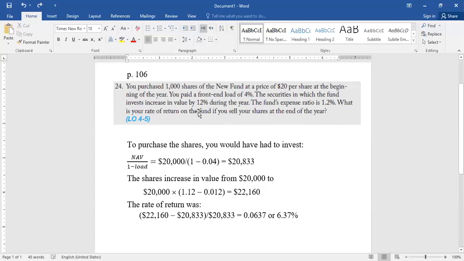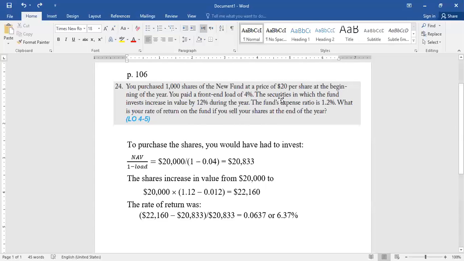We had an increase of 12% during the year. So I multiply my $20,000, my beginning value of the shares, by 1 plus the growth rate, which is 12%. So 1 plus 0.12, so I'm multiplying by 1.12.